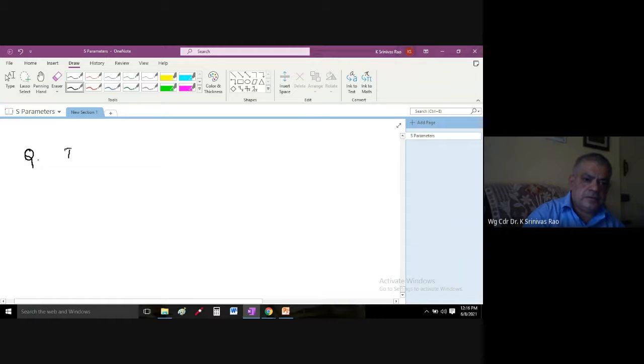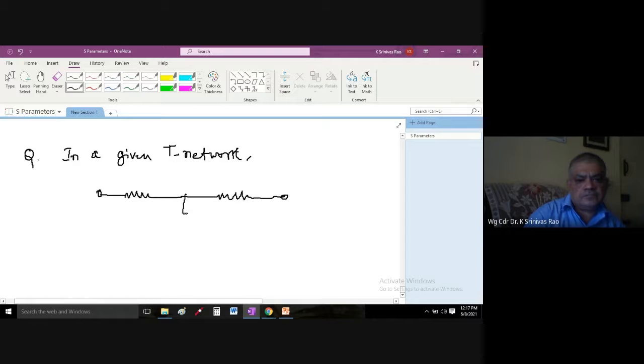In a given T network, two-port network, or in the following network, we have impedances ZA, ZB, and ZC.